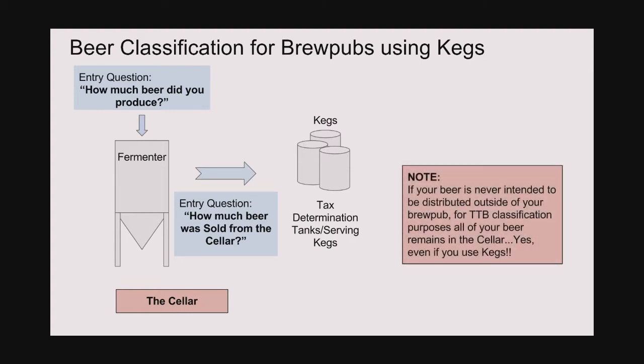Again, because this beer never leaves your brewery, for TTB classification purposes, the beer never leaves your cellar. Even though you use kegs, you don't have to make an extra step to move the beer to a bulk tank and then move the beer from the bulk tank to kegs. It can go directly as sold from the cellar.